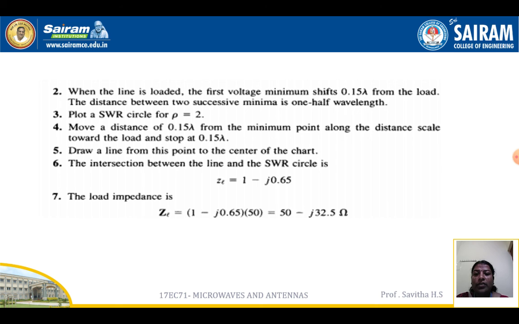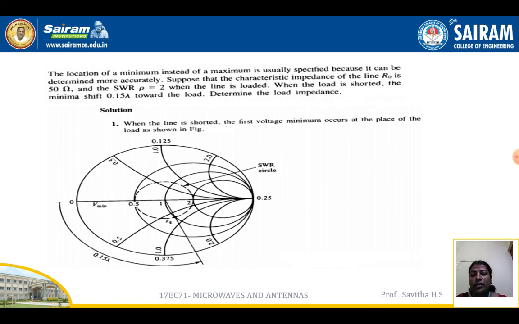So plot the standing wave ratio of 2, move a distance of 0.15 lambda from the minimum point along the distance scale towards the load, and stop at 0.15 lambda. A line is drawn from 1 to that point.